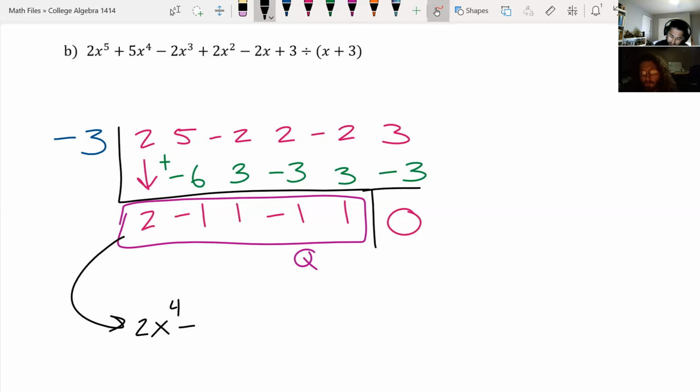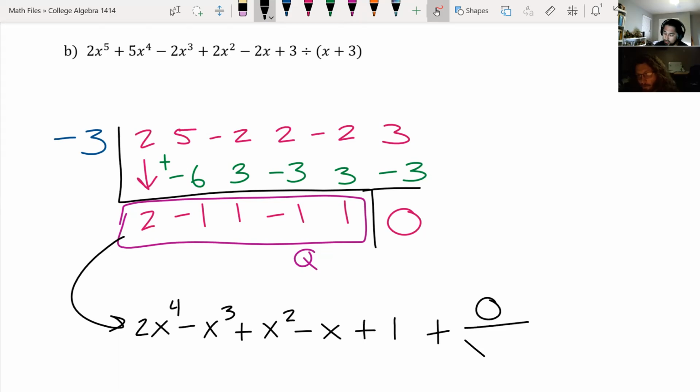Good. Minus x cubed plus x squared minus x plus 1. There you go. And since our remainder is 0, we don't have to write 0 over x plus 3 because that's just 0. And there it is.